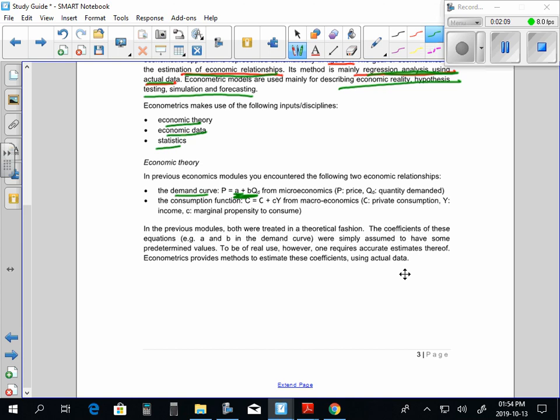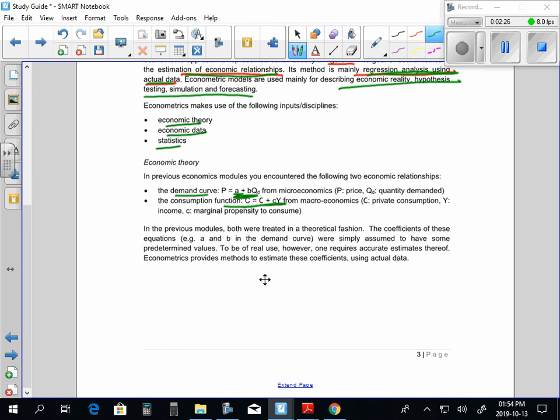For the consumption function, we have C equals c0 plus cY, where c0 is your autonomous consumption, small c is the marginal propensity to consume, and Y is your income, giving us induced consumption.